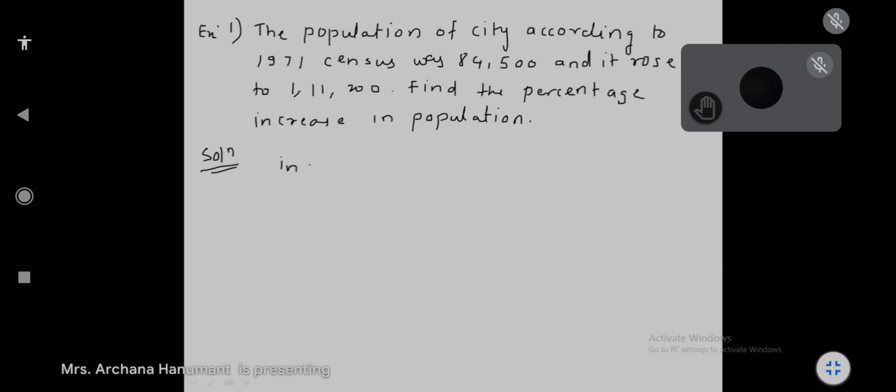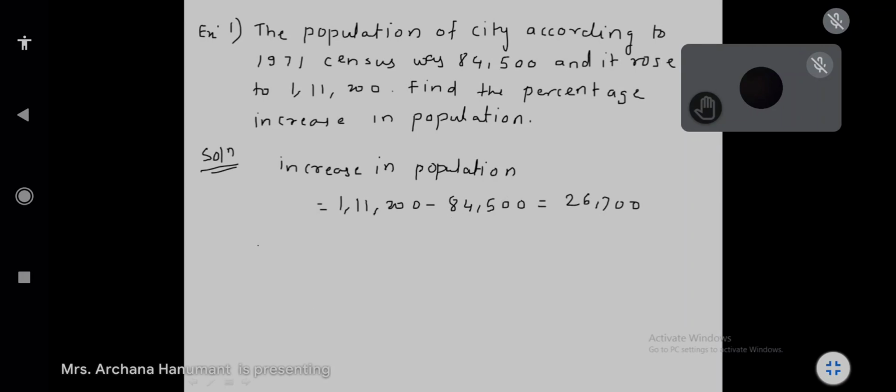Increase in population is equal to 1,11,200 minus 84,500. Okay, so the answer will be 26,700.